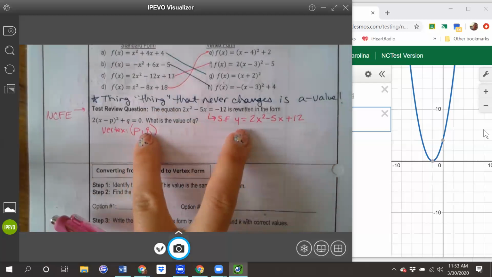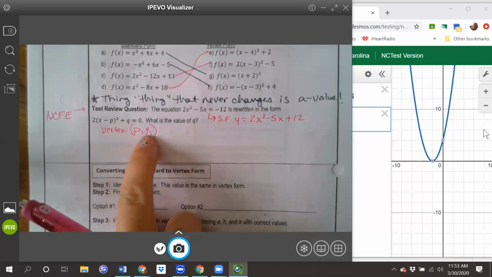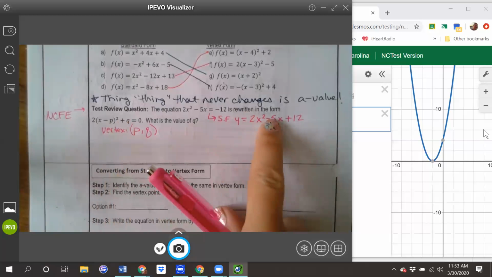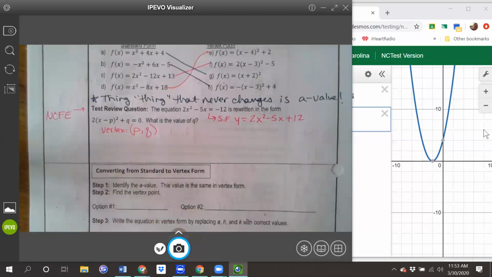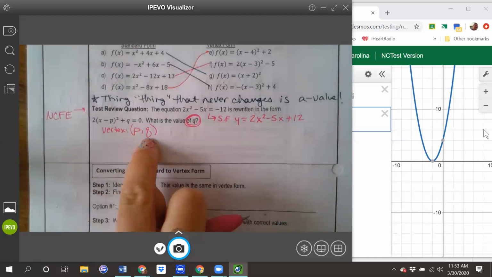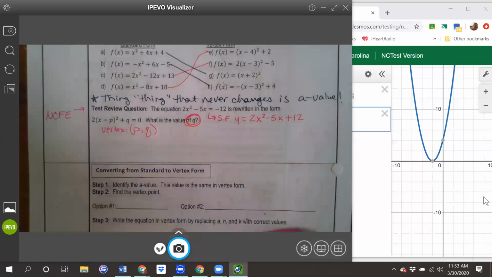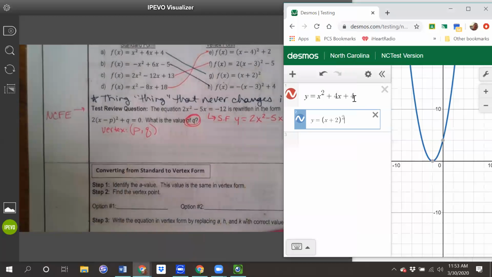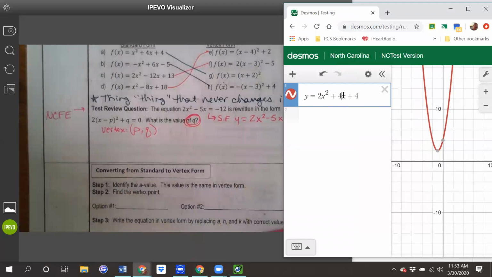So if I know that (p, q) is the vertex, can't I just find the vertex of this and then that is the same thing? And I'm looking for the value of q, which means I'm looking for the y value. So I'm going to take this and plug that in. So it's going to be 2x squared minus 5x, what was it, plus 12.